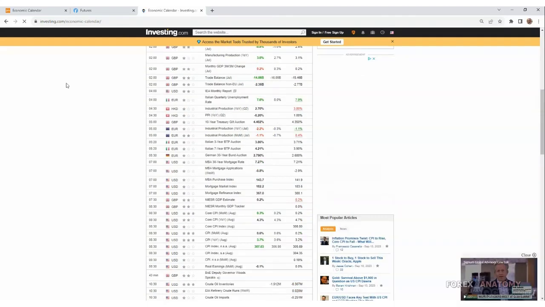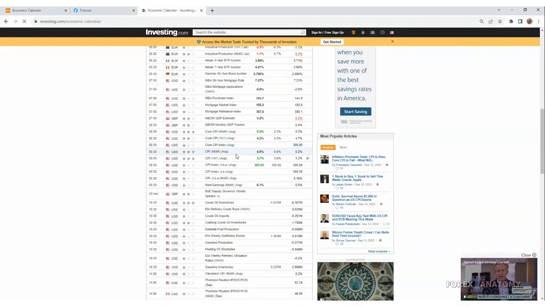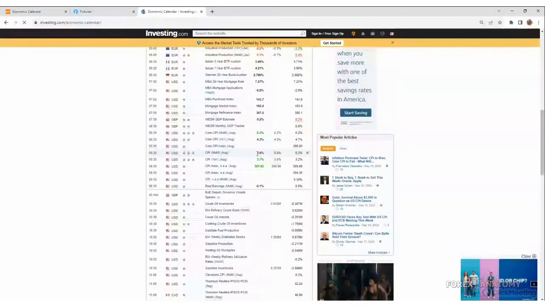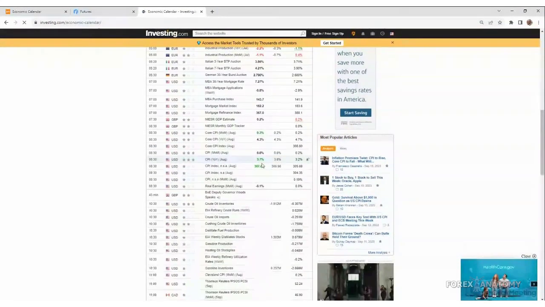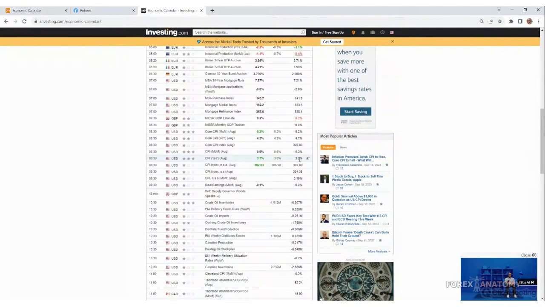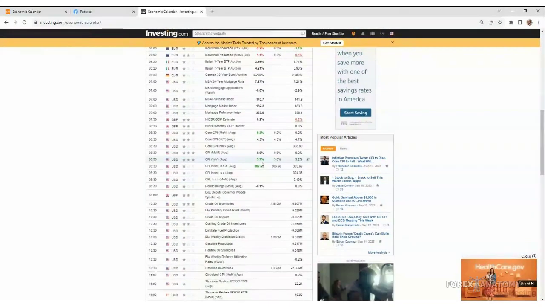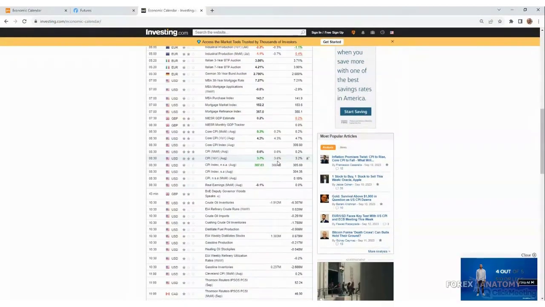Okay, so we see here that the CPI, of course, increased at a pace of 0.6% for the headline, which was already priced in, but it actually came in much hotter. It was supposed to come in at 3.6%, but you can see here how this number came in at 3.7%. It actually overshot the economists' expectations.